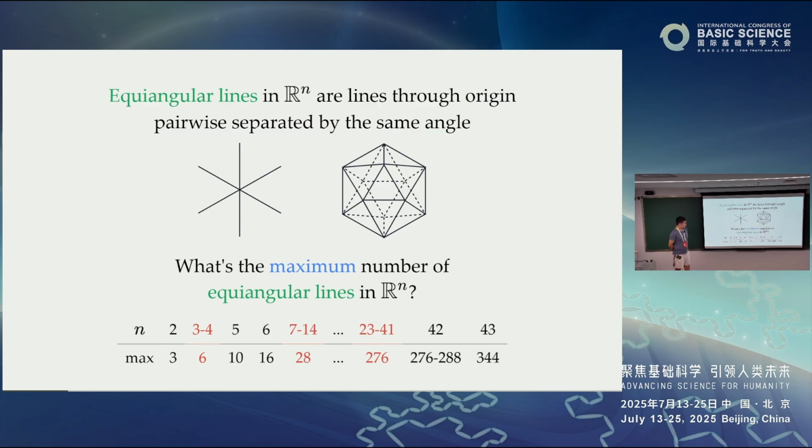We figured out a couple of other cases, and here are several other interesting cases where between dimension 7 and 14, the answer is always 28. So if you add 7 dimensions to dimension 7, you don't get anything new. And similarly, something happens with 23 dimensions.